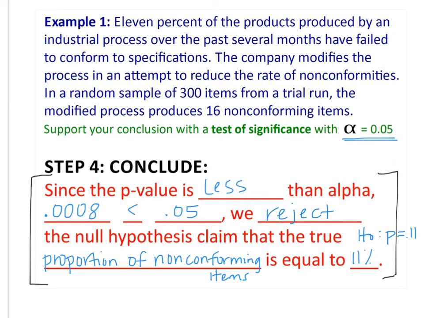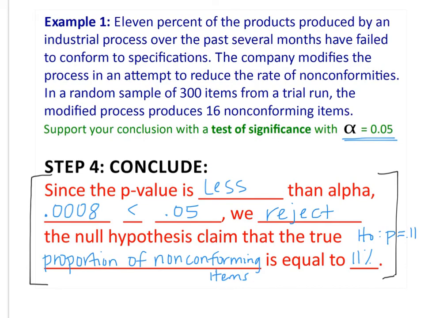Since the p-value is less than that, I can reject the null hypothesis claim that the true proportion of non-conforming items, so kind of restate the parameter, is equal to 11%. My p-value is so small, that probability of getting this outcome is so unlikely if the null hypothesis is true, that I can reject the idea that the true proportion still equals 11%.